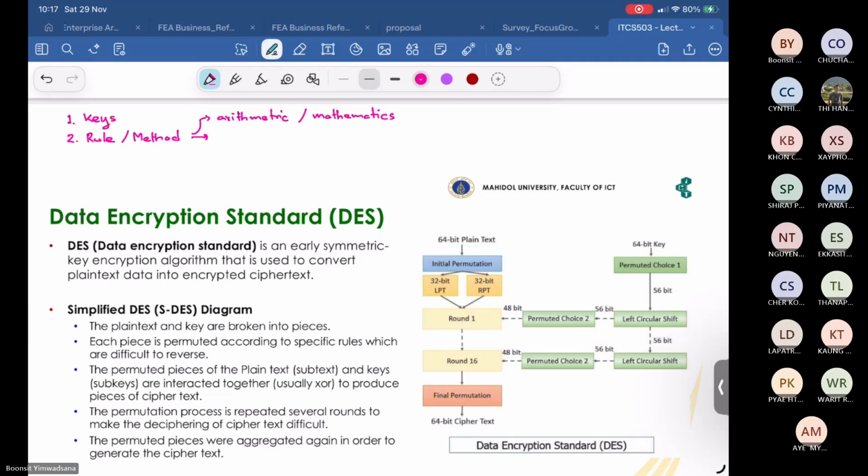Okay, I apologize. For the rules and methods, not only mathematics, but what we have seen is that we can use multiple keys, and also we can use a technique such as the tabulation technique, where we send one column at a time.